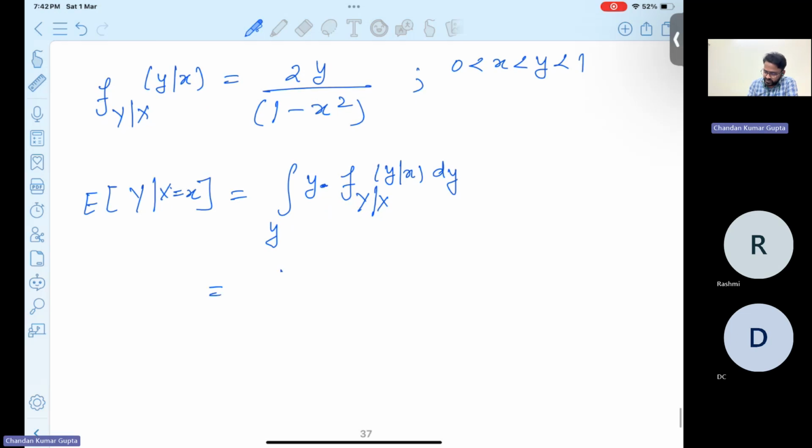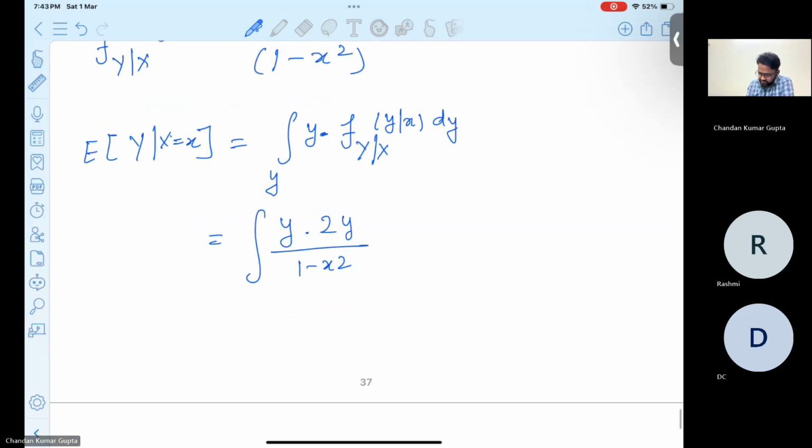So it is y times 2y divided by (1 minus x squared), and the range of y is x to 1.